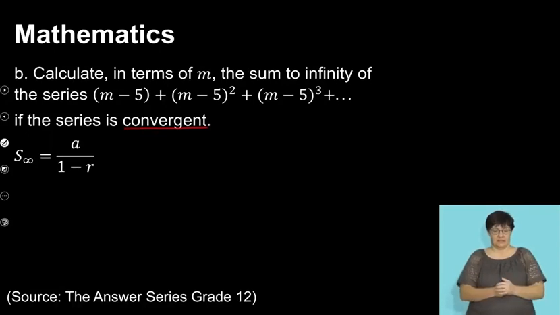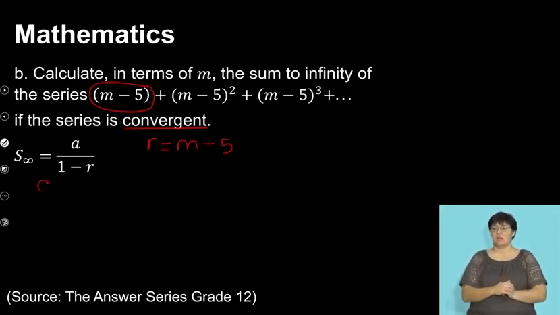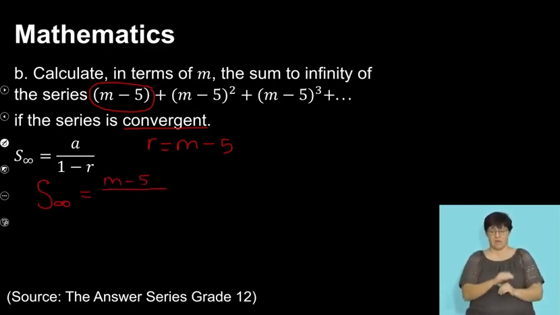Great, so I need to substitute in a. A is my first term, and I can see that m minus 5 is my first term. On the previous slide, we discussed that the common ratio is equal to m minus 5. So let's substitute in a and r. So the sum to infinity will be equal to (m minus 5) over 1 minus (m minus 5).